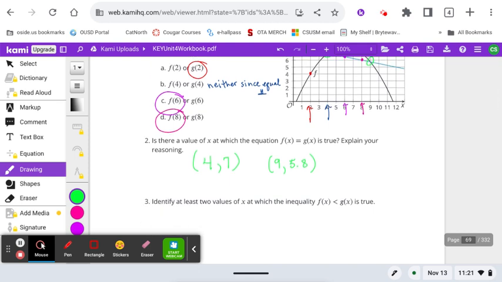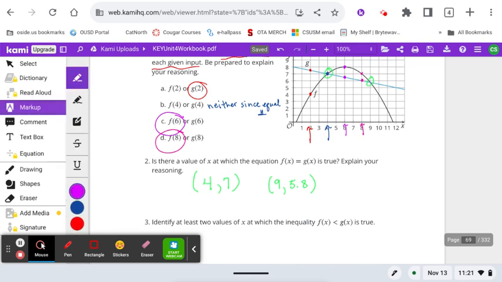They're also equal. Identify at least 2 values of which the inequality f of x is less than g of x. So we're going to be looking for all these areas where the f function is below the g function. So we can't choose that little upper arch. We can choose anything up until 4 and anything after 9.